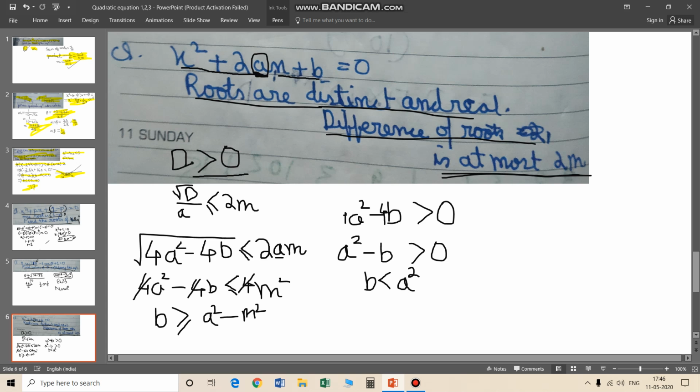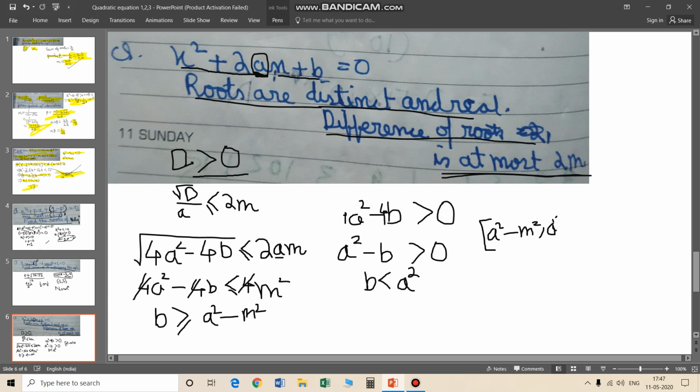So what is the range? b is greater than this, b is less than this. So the lower limit is in a closed bracket, a square minus m square, and the upper limit is a square.